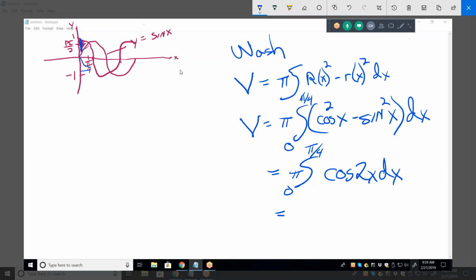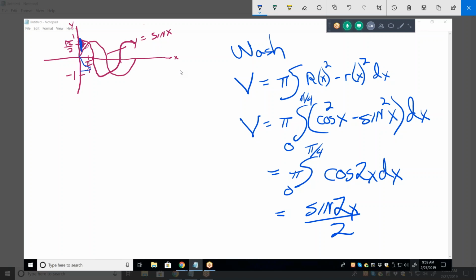What's the integral of cosine of 2x? One half sine 2x. Yeah, sine 2x over 2. I always do it like this: I take the integral and then I divide it by the derivative of the inside.